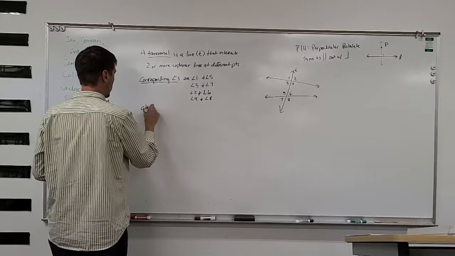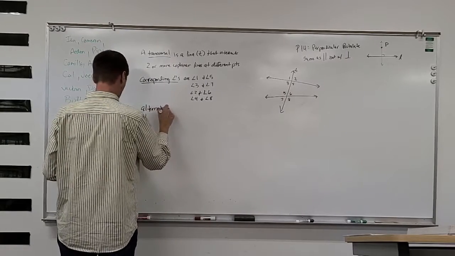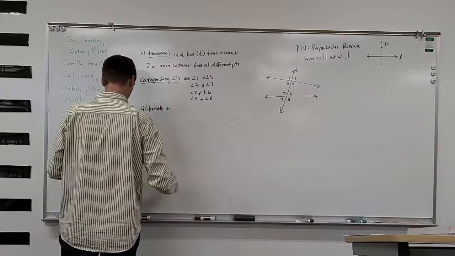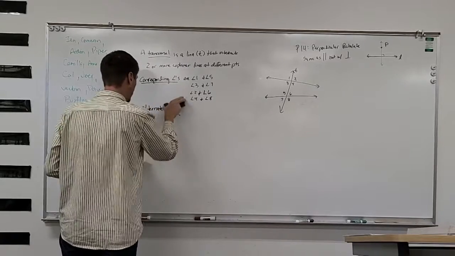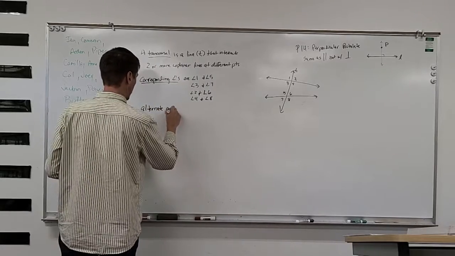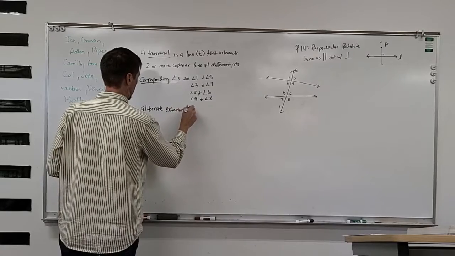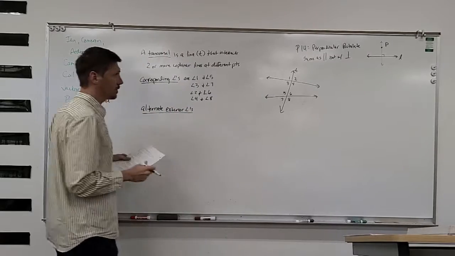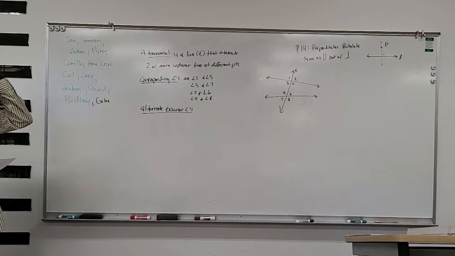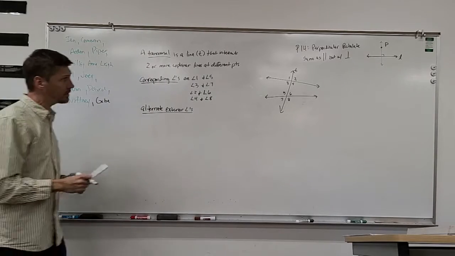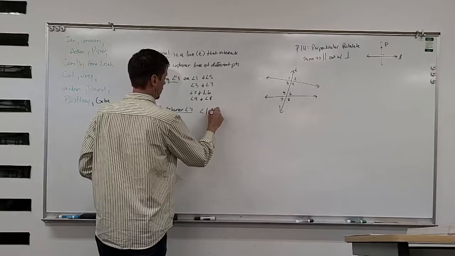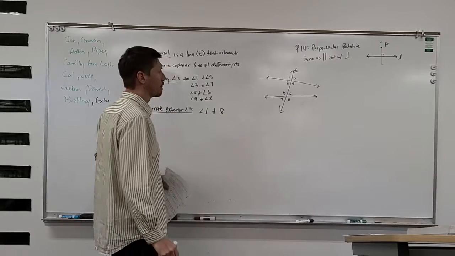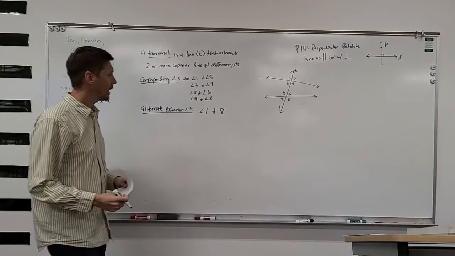We also have something called alternate exterior angles. Alternate exterior angles would be angles 1 and 8. And there's one other set.